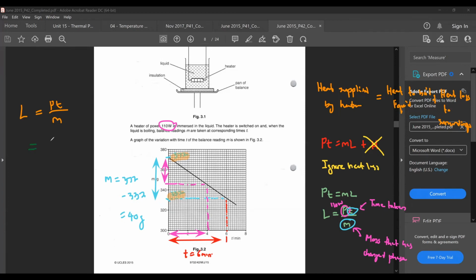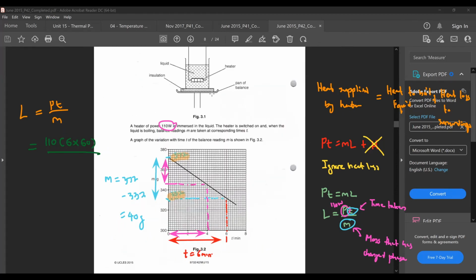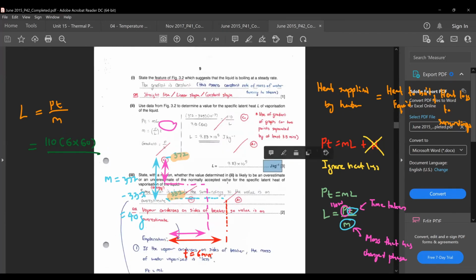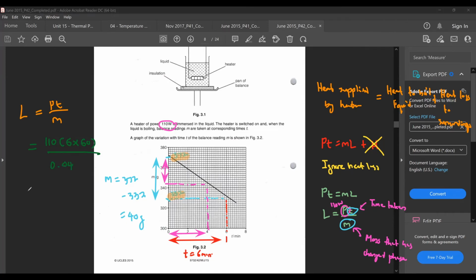So it should be 110 times 6 minutes. Change to seconds, don't forget. And then your mass must be in kg, because you see this one is joules per kg. So 40 grams divided by 1000 will be 0.04.